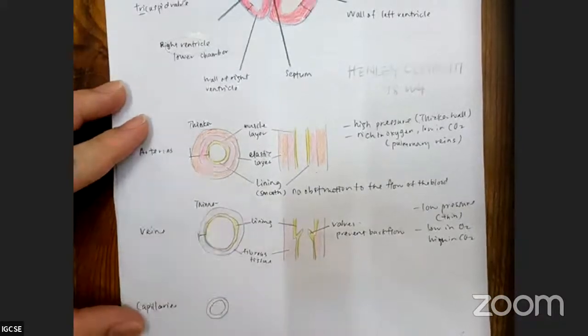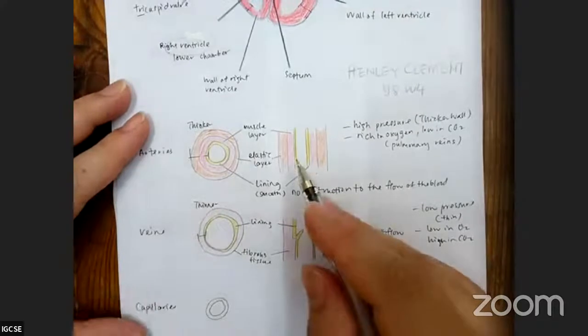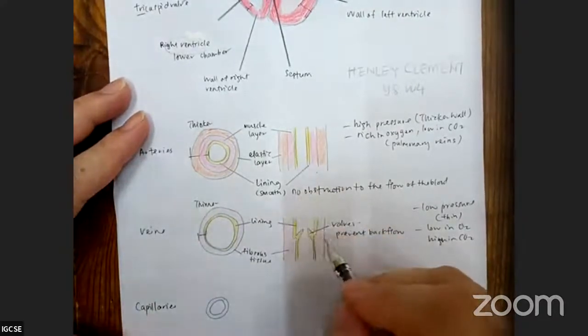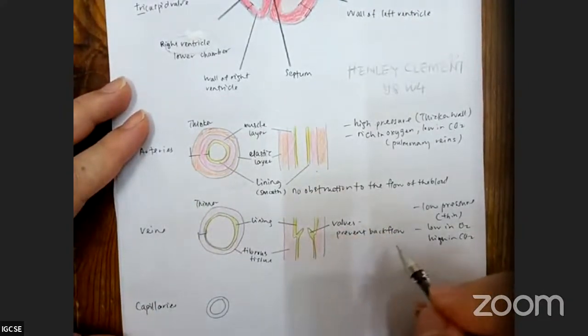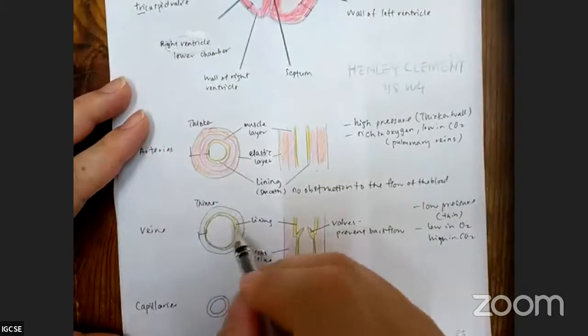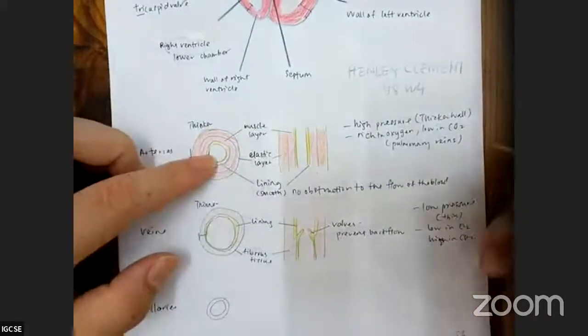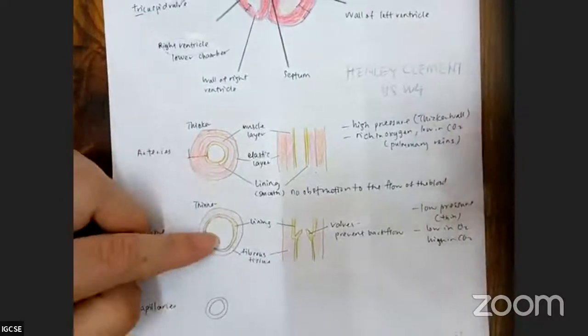For the vein, as compared to the artery, you have valves to prevent backflow. The diameter of the lumen is large here and small there. Small is for the high pressure, and large will have the low pressure.